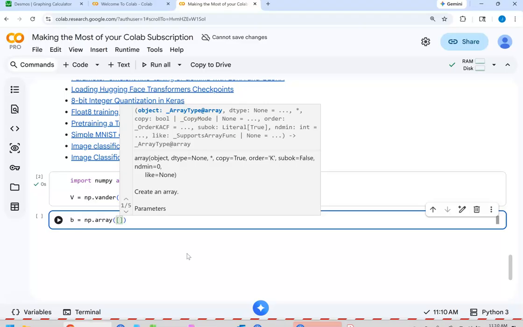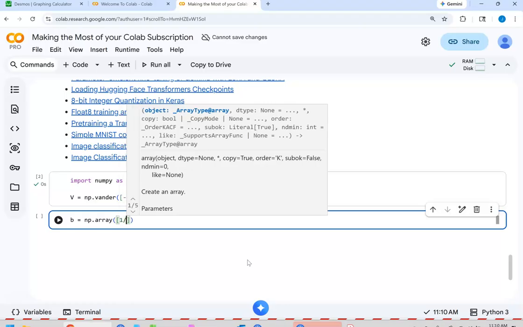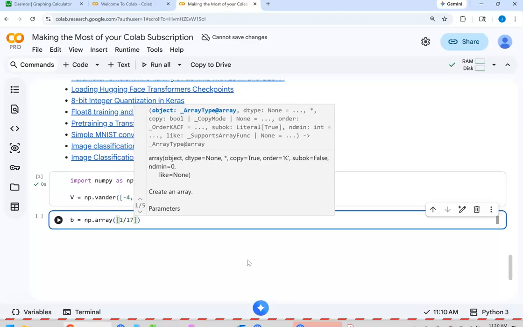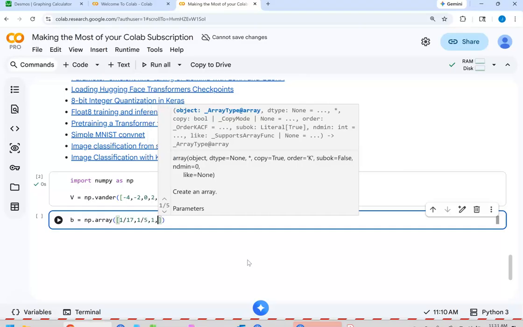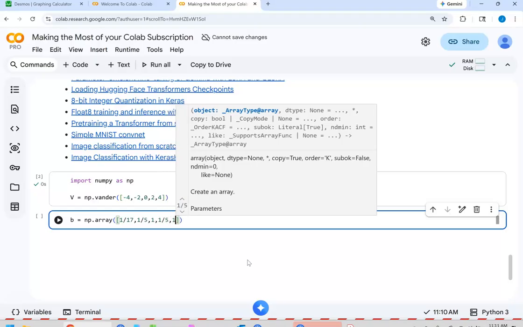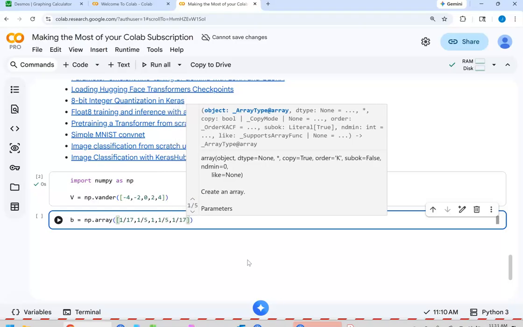So I switched it over to 1 over 1 plus x squared so that we could see it. So we would have what? 1 over 17 for the first y value, since 4 squared is 16 plus 1. Then we'd have 1 over 5, from 2 squared plus 1. Then 1, then 1 over 5, 1 over 17.